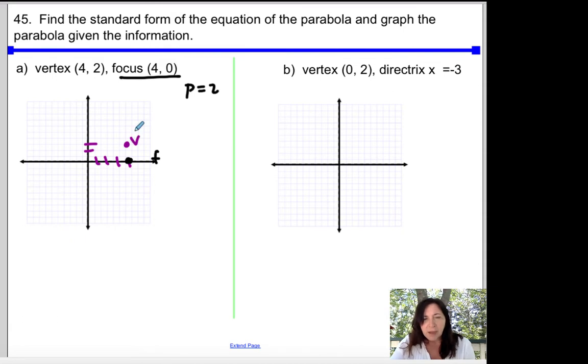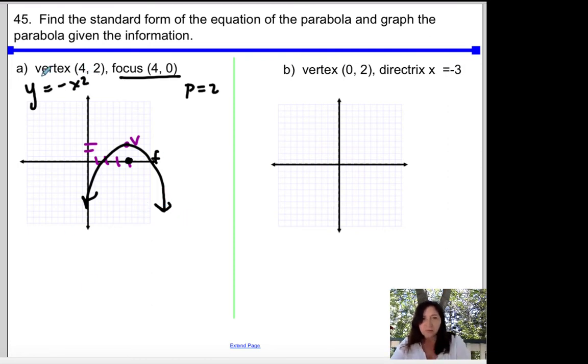Because the parabola always has to cup the focus point, your graph is then going to go like this, and it's going to drop down, okay? So we know then, because it's either up or down, it'll be a y equals. So this will be a y equals negative x squared graph because it's going upside down and it's vertical.